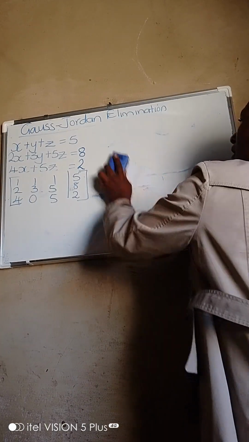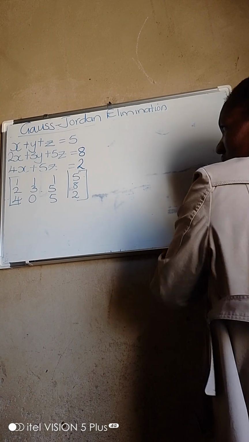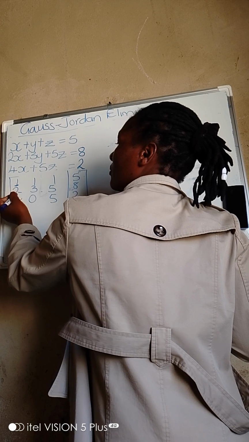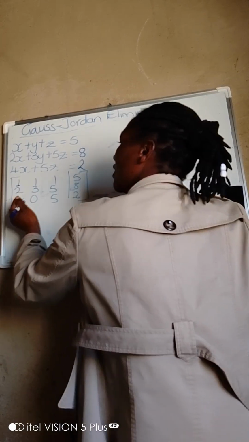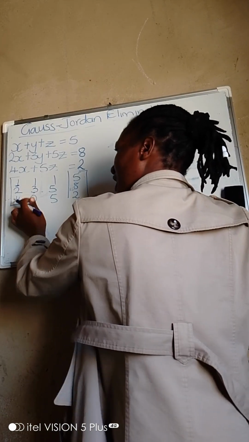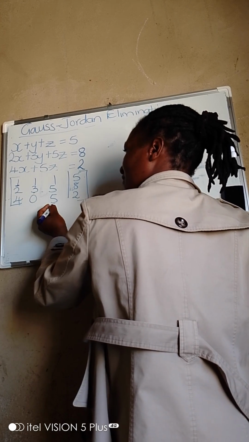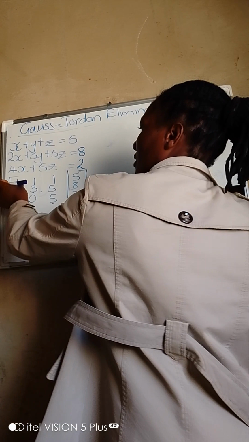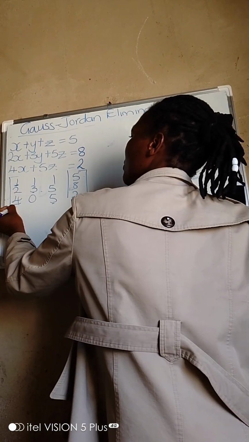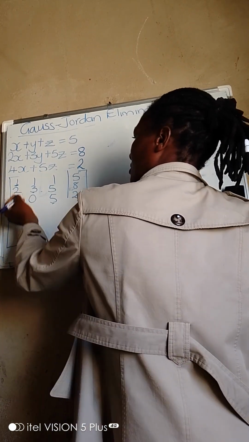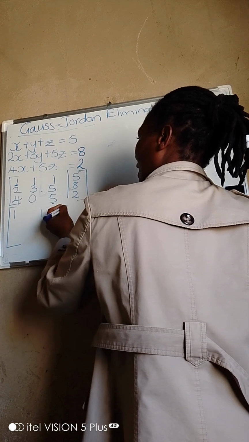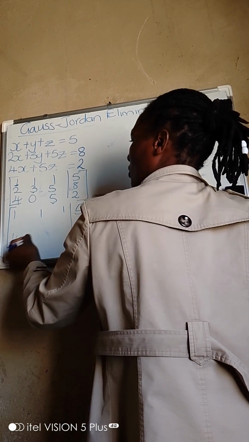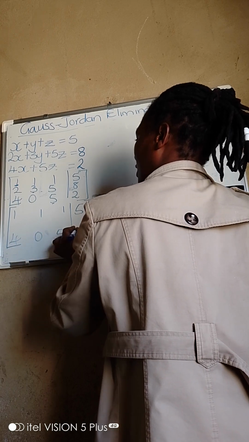So to reduce that 2 to a 0, we are going to use our pivot. This one will be our pivot for this column. This 3 is going to be our pivot for this column, and this 5 is going to be our pivot for that column. So we have 1, 1, 1, 5, 4, 0, 5, 2.